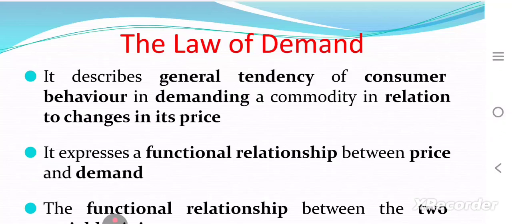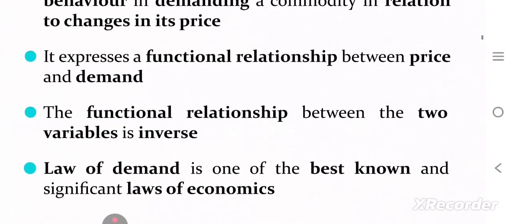If the price is less, what happens? The demand will increase. The tendency of the customer to buy the product increases because the price is decreasing. So it is known as the law of demand.